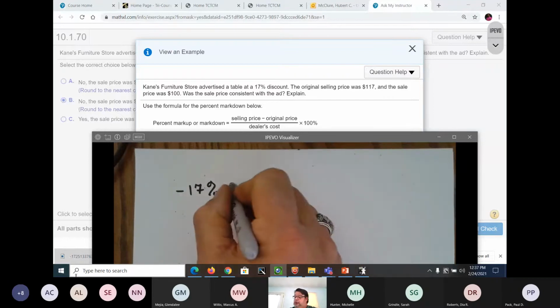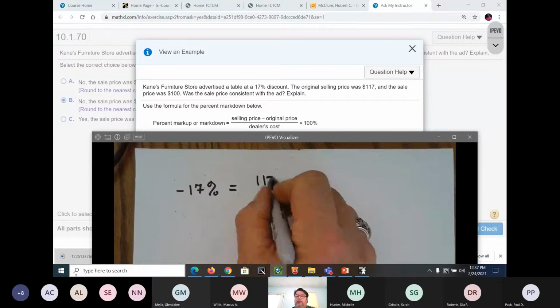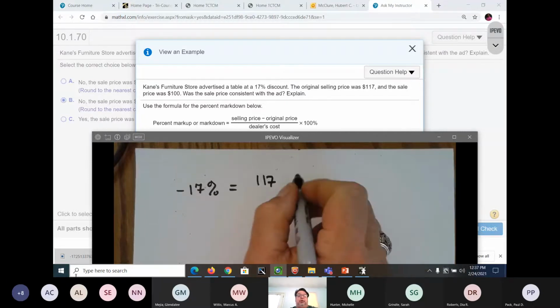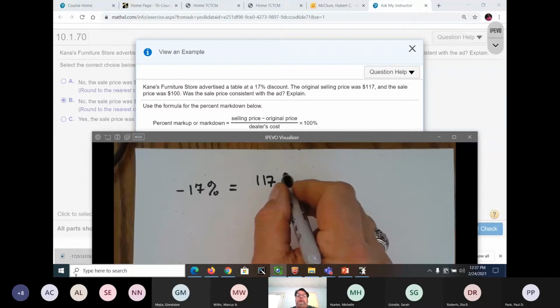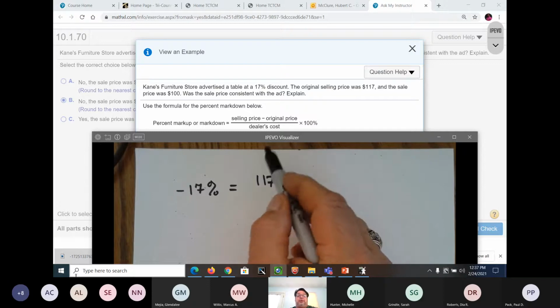Percent markup. So that would be negative 17% is equal to the selling price, 117, minus 100. No, let's see. Wait a minute. The selling price, yeah. And the sale price, wait a minute. The original price, see, that's where they're a little bit confusing there.